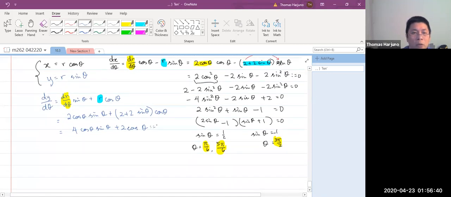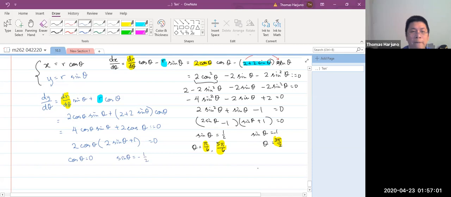Set this equal to 0, divide by 2. Maybe I factor 2 cosine theta out. I get 2 sine theta plus 1 equals 0. So either cosine theta equals 0 or sine theta equals negative 1/2.